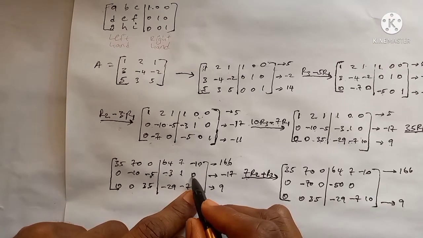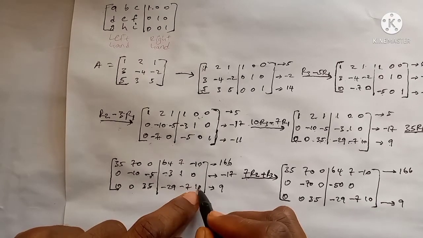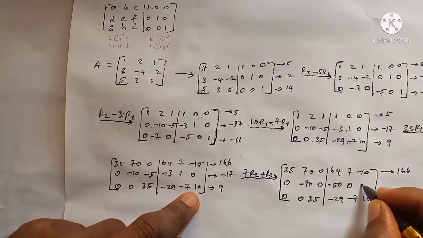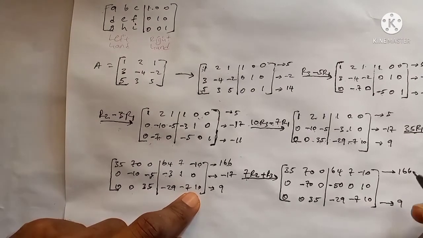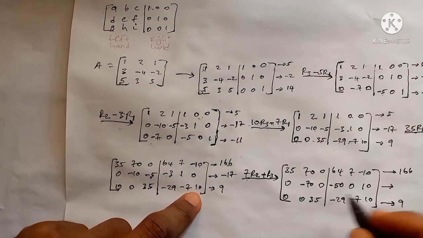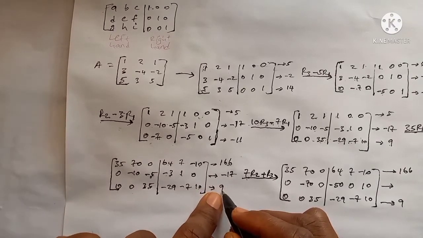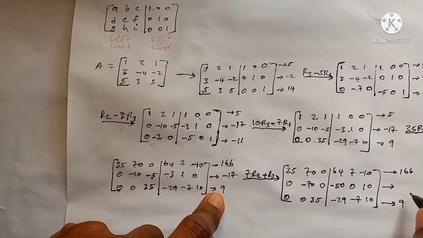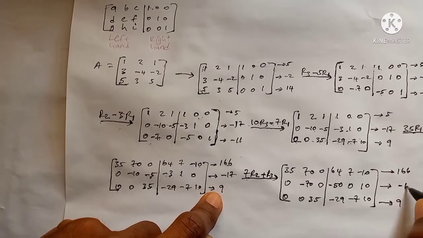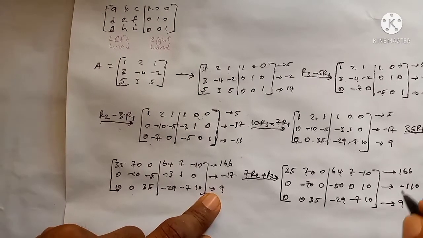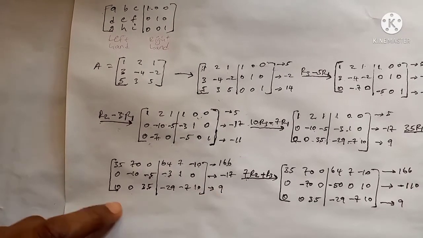Again, 7 times 0 is 0. 0 plus 10 will give us 10. Seven times minus 17 plus 9 is going to give us minus 110.